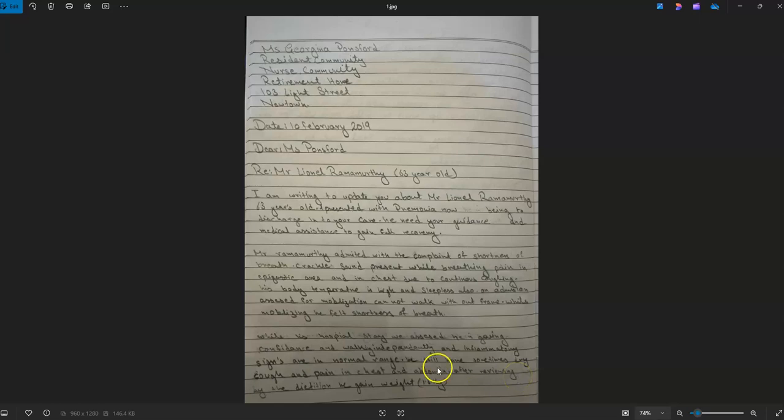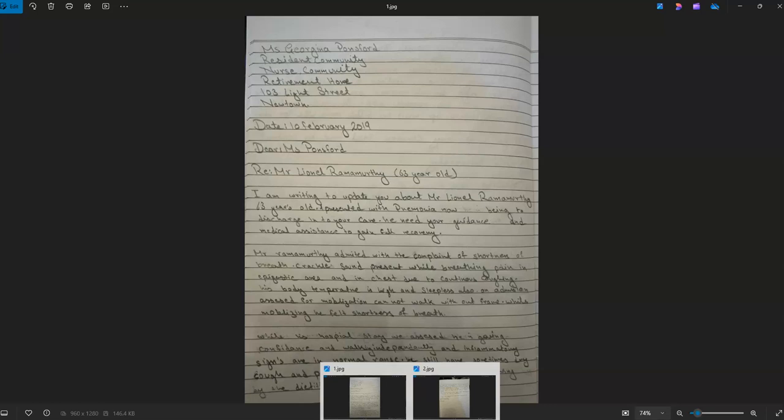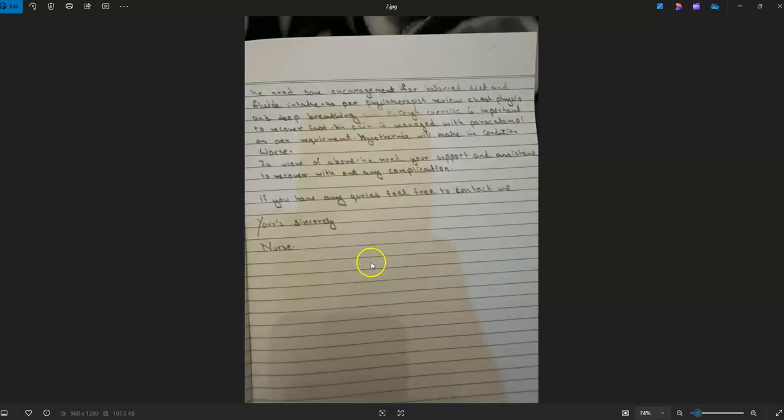So while in hospital, he gained confidence and was able to walk independently, and the inflammatory signs are within normal range. He still sometimes has a dry cough and pain in the chest and abdomen. After reviewing by the dietitian, he has gained 1.5 kilograms in weight. Okay, so some linguistic bits and pieces to have a look at there.